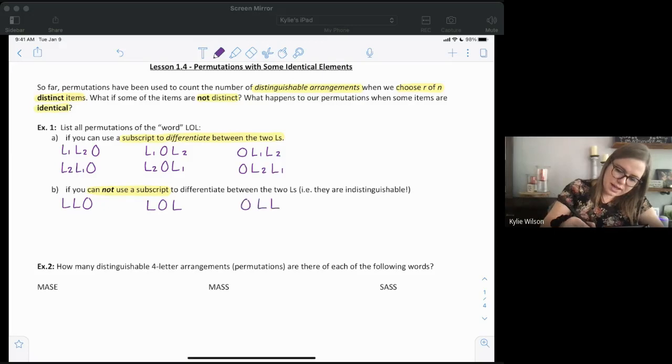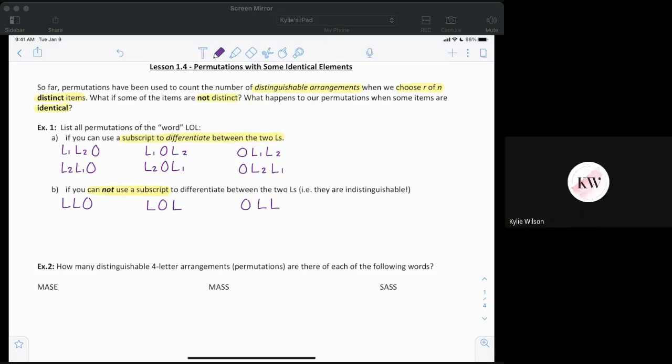You'll notice that this significantly reduced the number of possibilities that we have. So it's very, very important that we know if we're distinguishing between them or if they're going to just be identical elements. It's very important that we know that ahead of time.